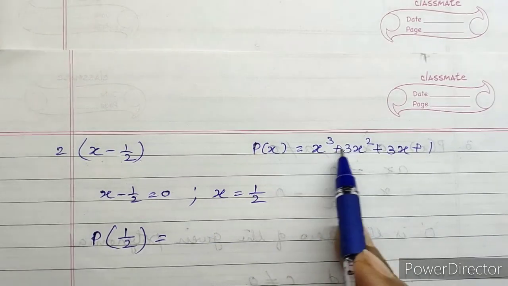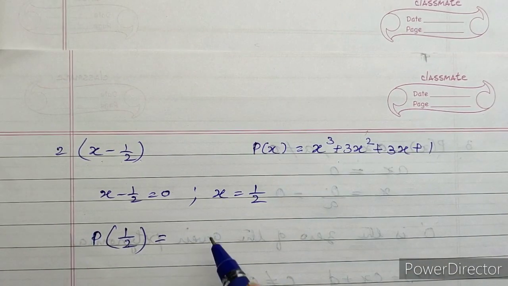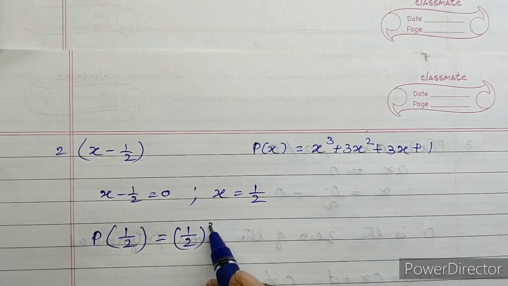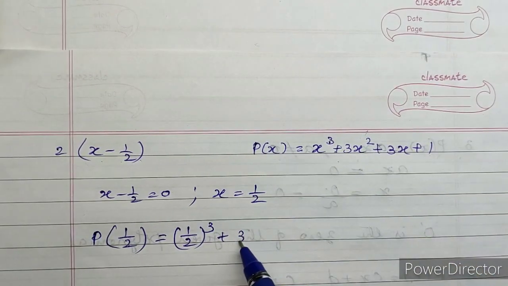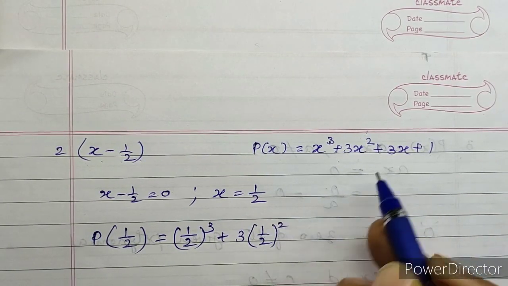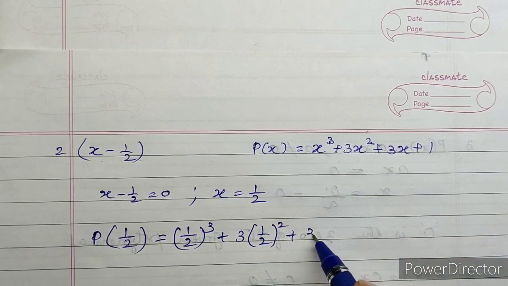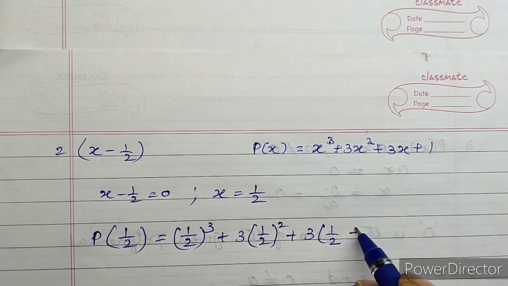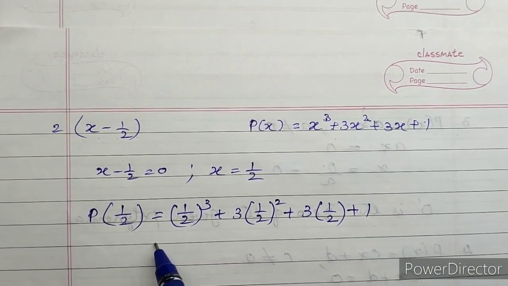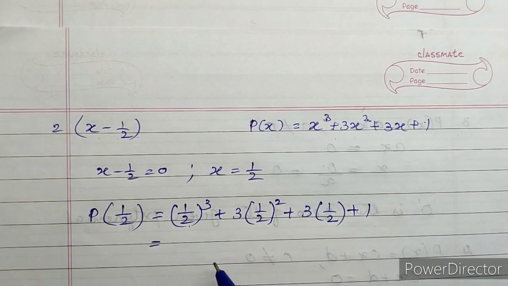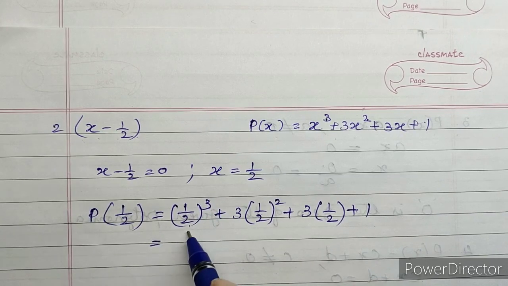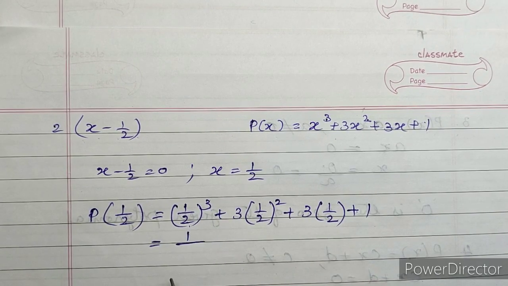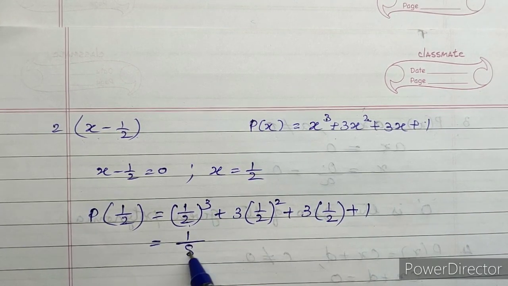In this, wherever x comes, you have to put 1 by 2. So 1 by 2 the whole cube, first one, plus 3 into 1 by 2 the whole square, second one, plus 3 into 1 by 2 plus 1, the last constant. 1 by 2 whole cube: 1 cube is 1 only, 2 cube is 2 into 2 into 2, it is 8.